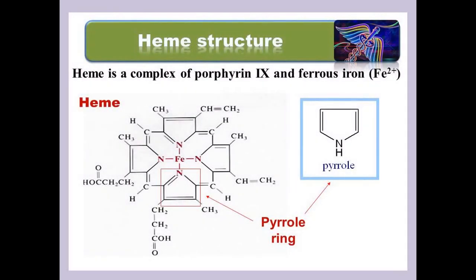What is the heme structure? Heme is a complex of protoporphyrin 9 and ferrous ion. Protoporphyrin 9, when it incorporates iron in the center with the help of these nitrogen compounds, forms the heme group.